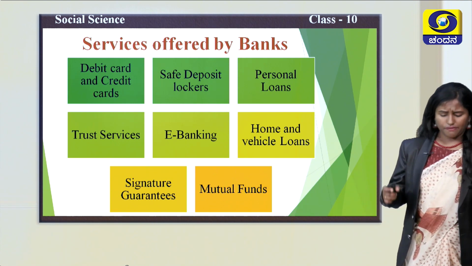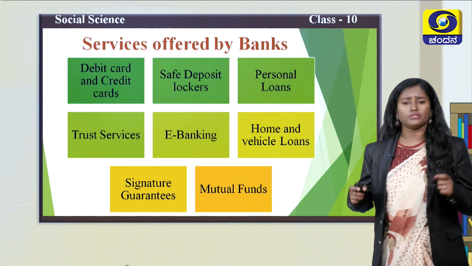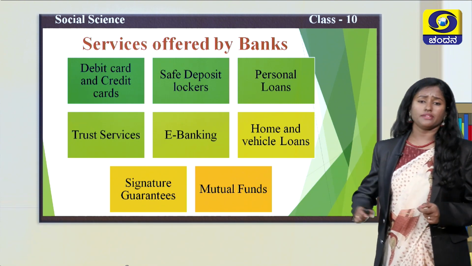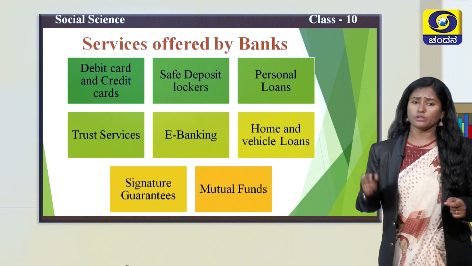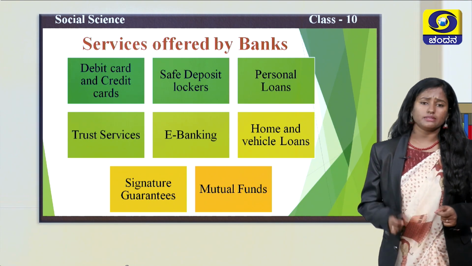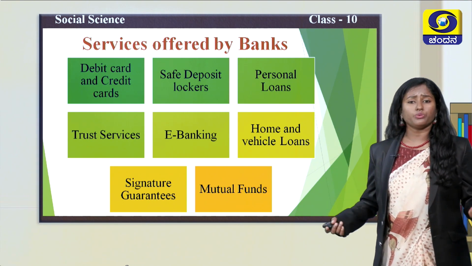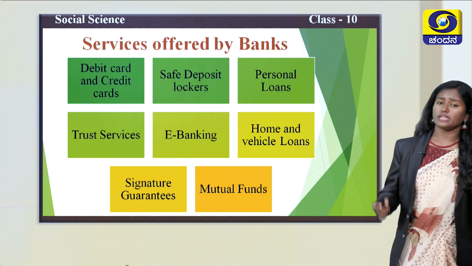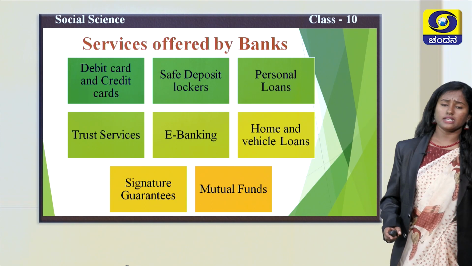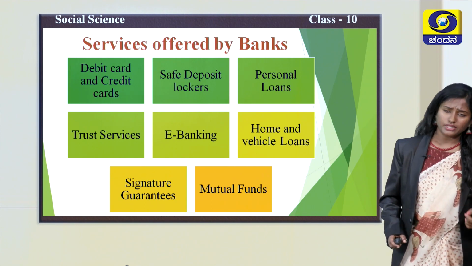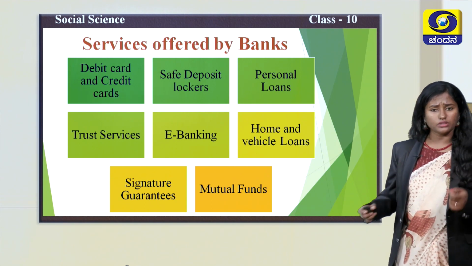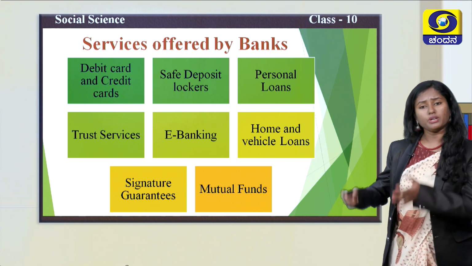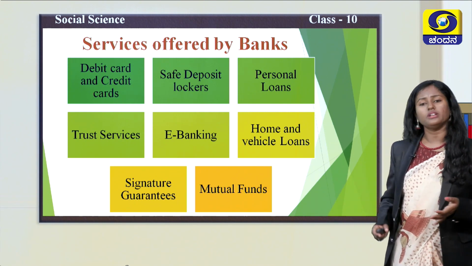If I want to transfer an amount right now to a person living in Dubai, it is possible with internet banking, because in the dynamic world, everything has changed. Dear students, keep in mind internet banking has come up with so many features that you needn't stand in a queue to deposit or withdraw your amount.